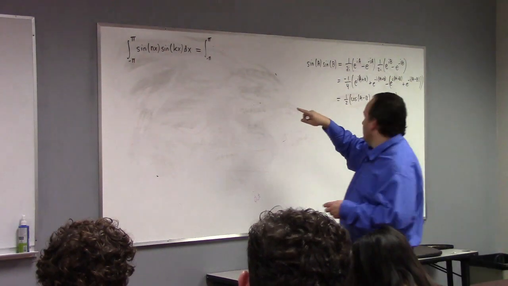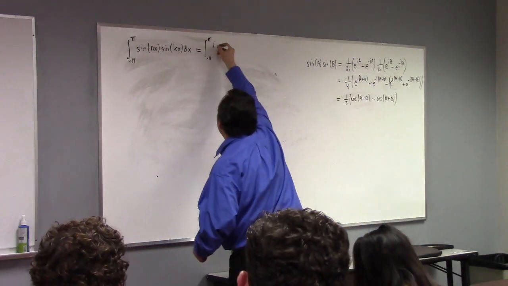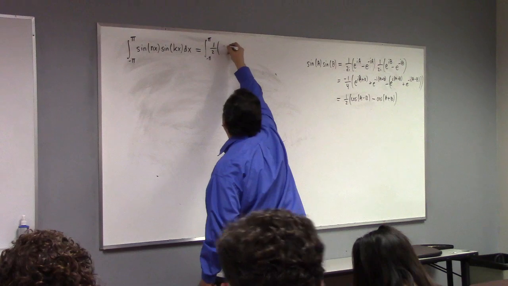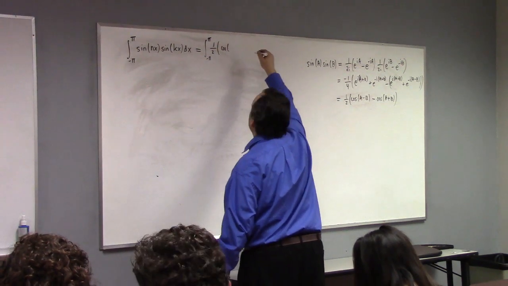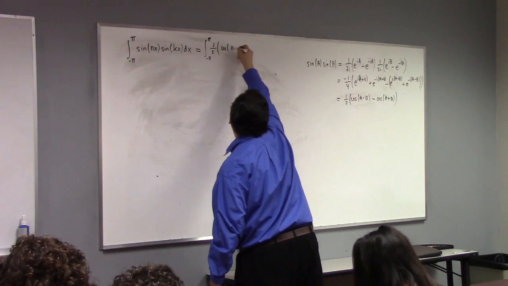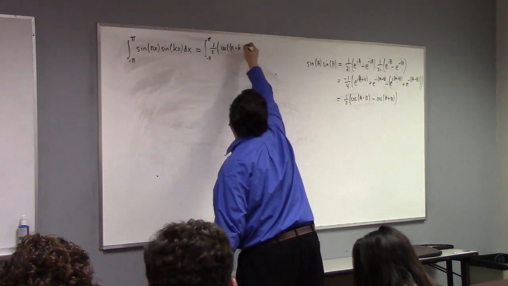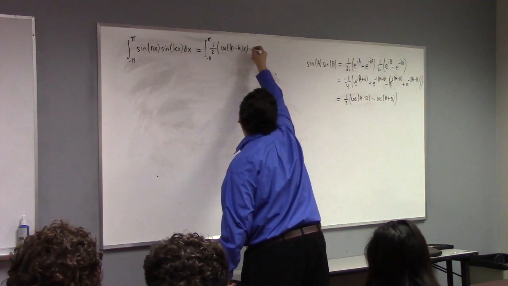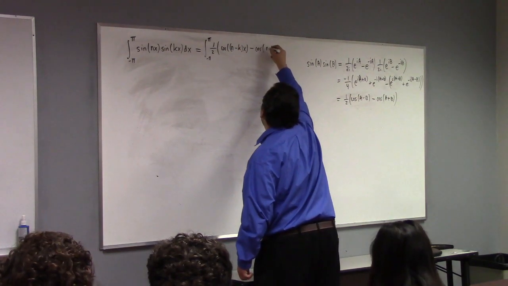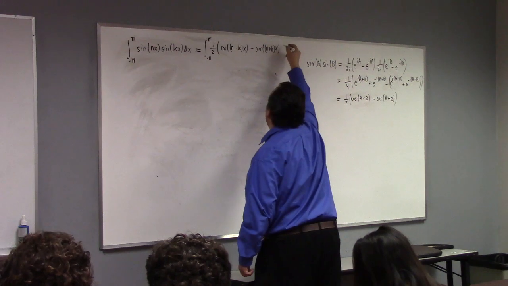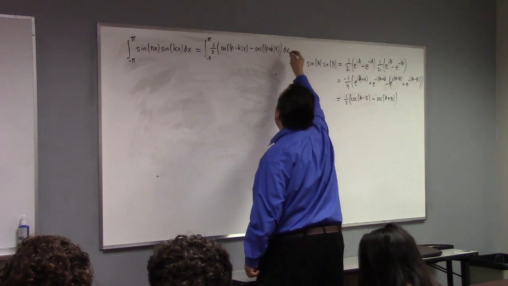So using that here, we've got what? 1/2 parentheses cosine of what? You got yourself a n minus k times x, minus the cosine of n plus k times x, all right? dx.